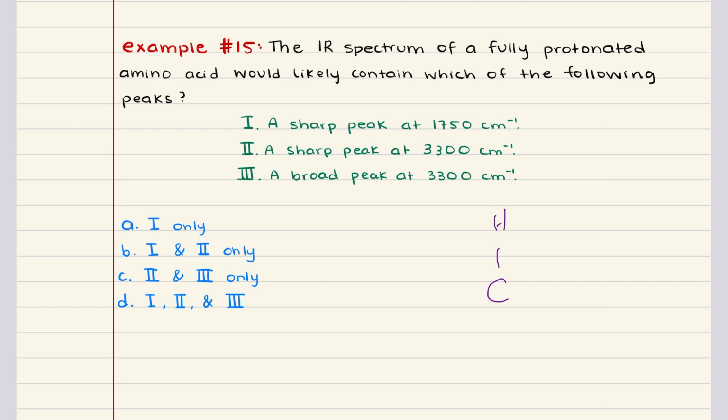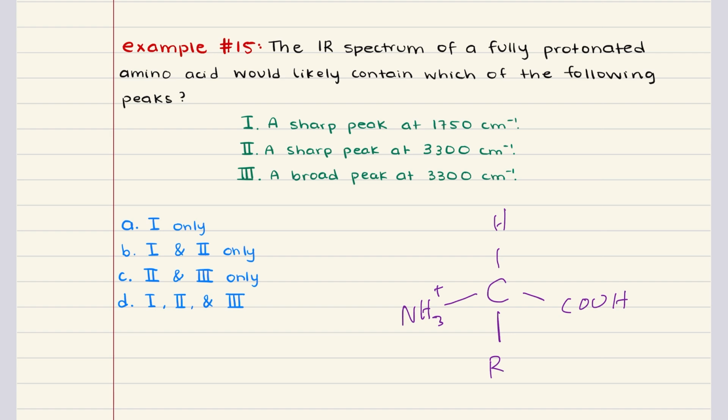Now, an amino acid is a central carbon that's bonded to a hydrogen atom, to an amino group, to a carboxyl group, and then to a side chain that we're going to write as R. Once again, this is a fully protonated amino acid.